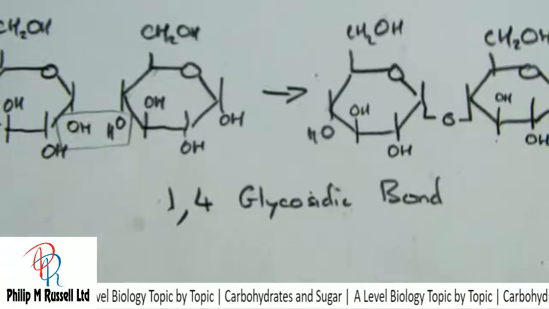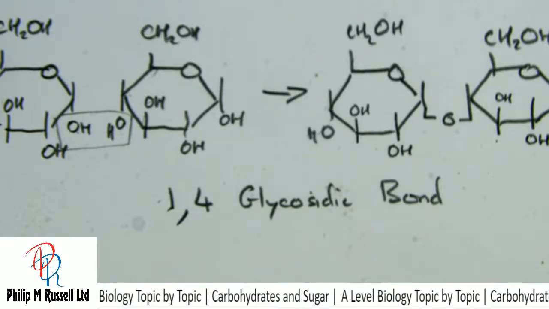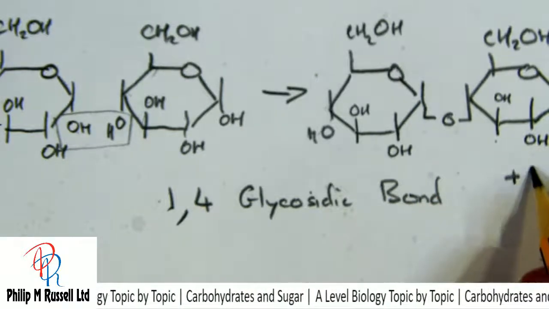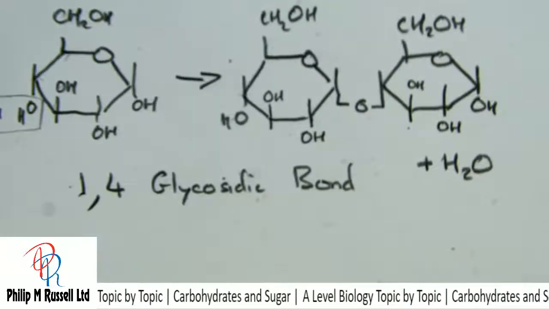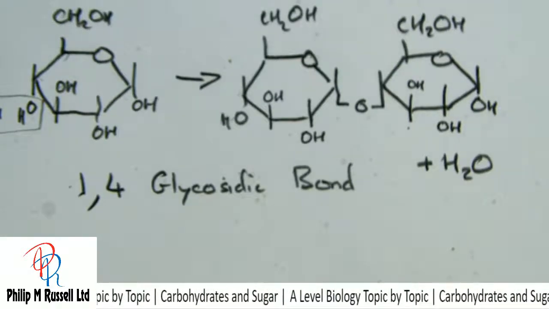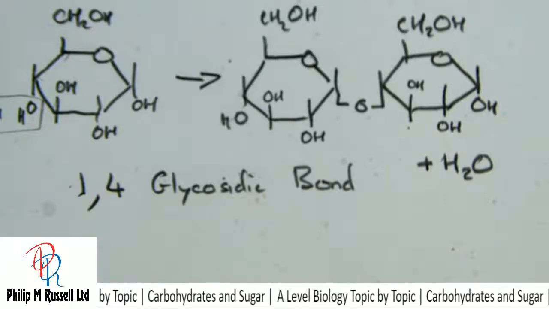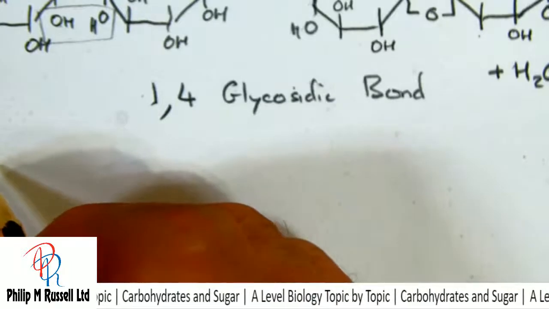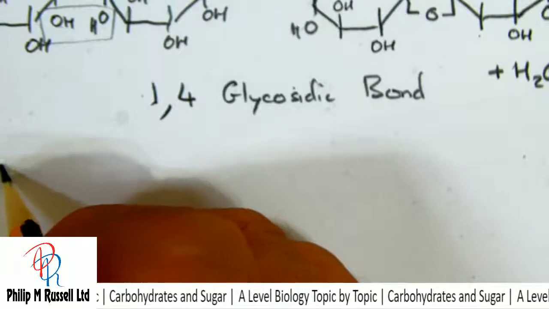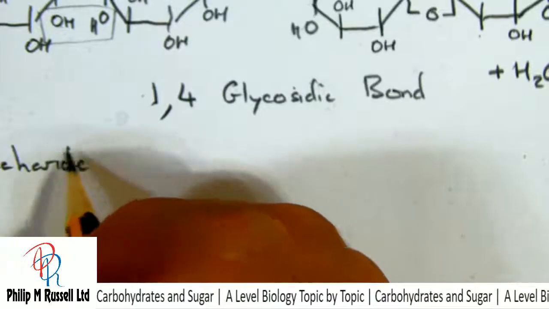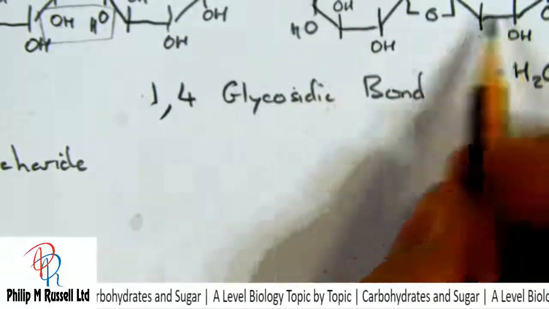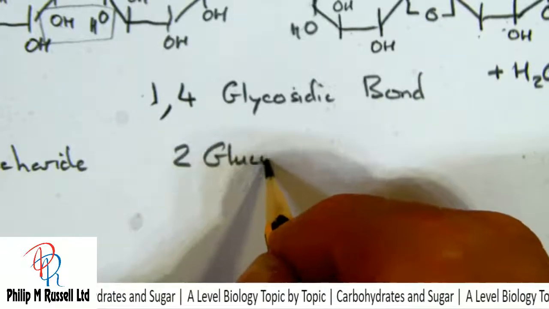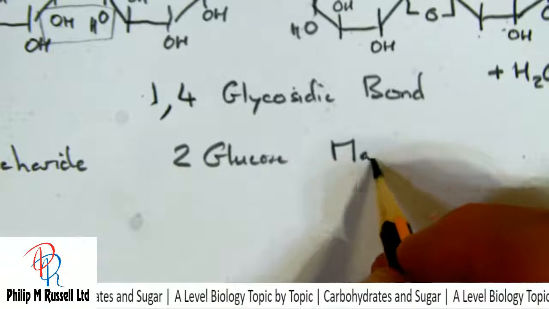So we've got this name, the 1,4 glycosidic bond, and because it's a condensation reaction, we also get water. And if I want to name this I would name it as a disaccharide, and in fact it's 2 glucoses joined together, and I'm going to call that maltose.